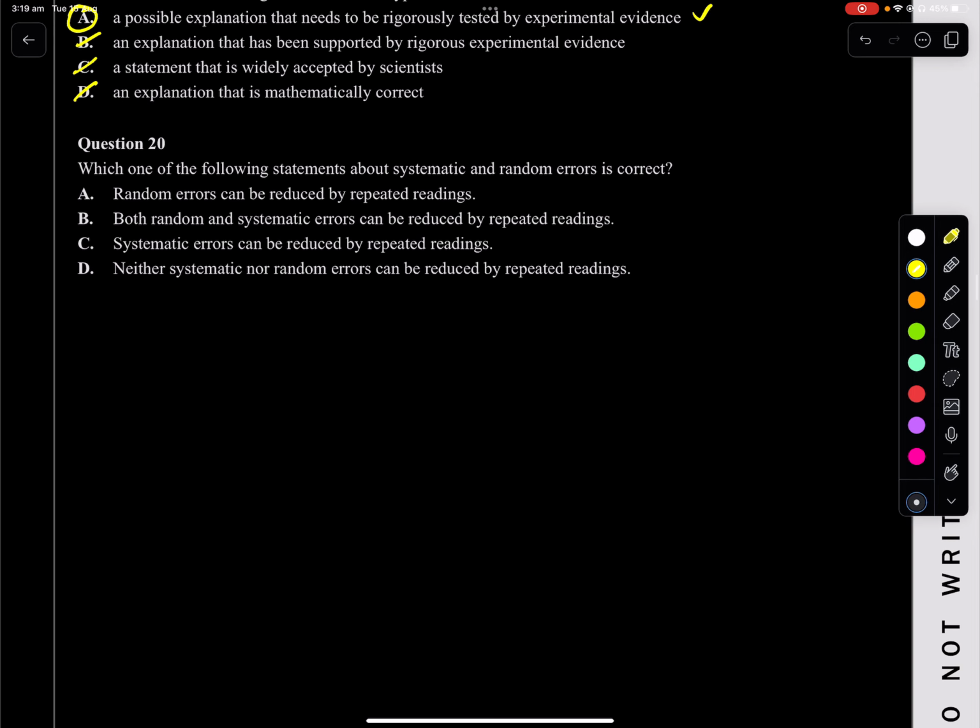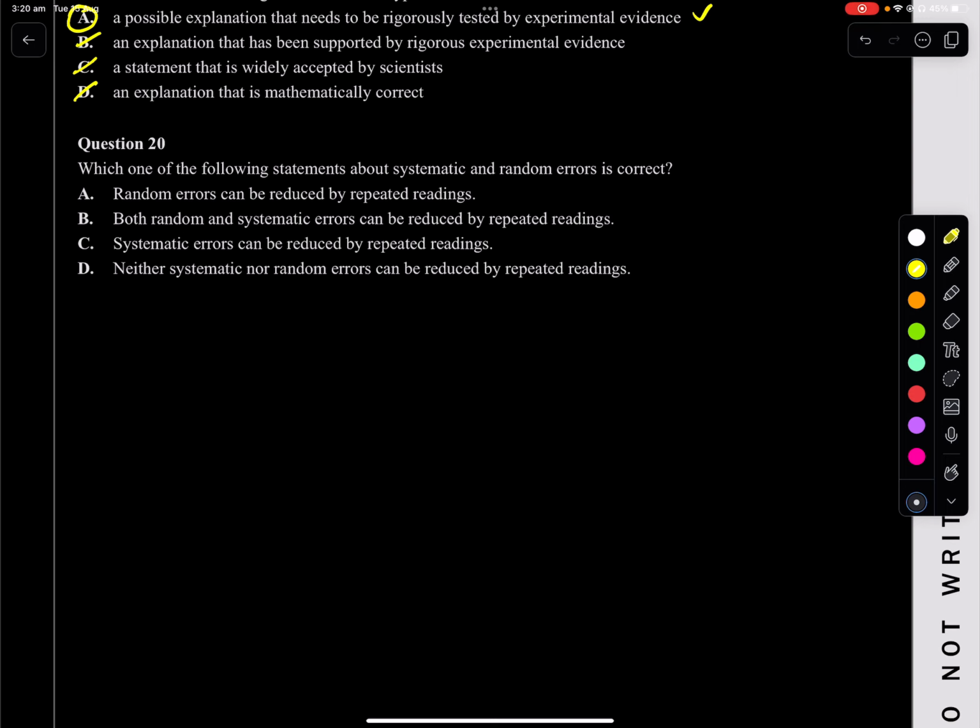Question 20. Which of the following statements about systematic and random errors is correct? Remember, random errors are things that just happen randomly. Whereas systematic errors are something wrong with the calibration of a machine.